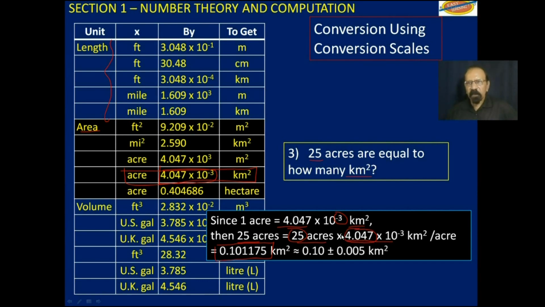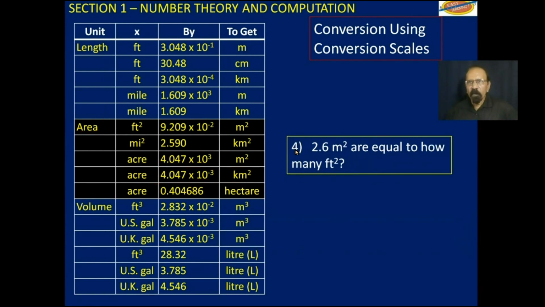So our answer cannot have more significant figures than the factor with the least significant figures. Our answer can only have 2 significant figures, 1, 2, we have to round off there. So it is 0.10, and we take half of that uncertain digit position, which is 0.005. And so our answer is this.